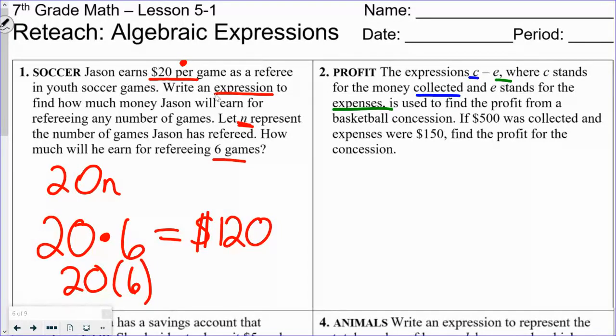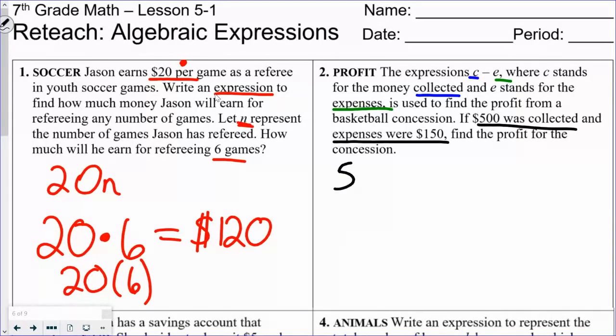The $500 was the amount collected and the expenses were $150. Find the profit for the concession. They gave us the expression, so we don't need to create one on our own. We just need to plug in the numbers they gave us where they belong.